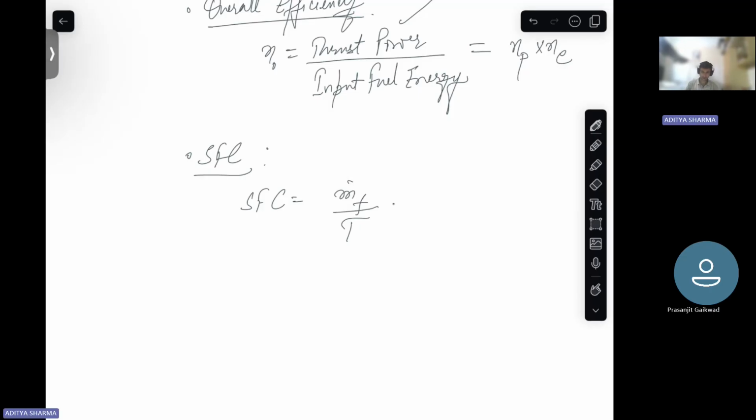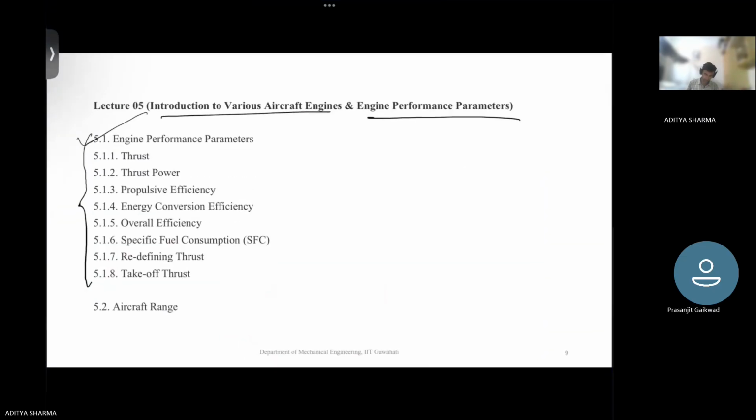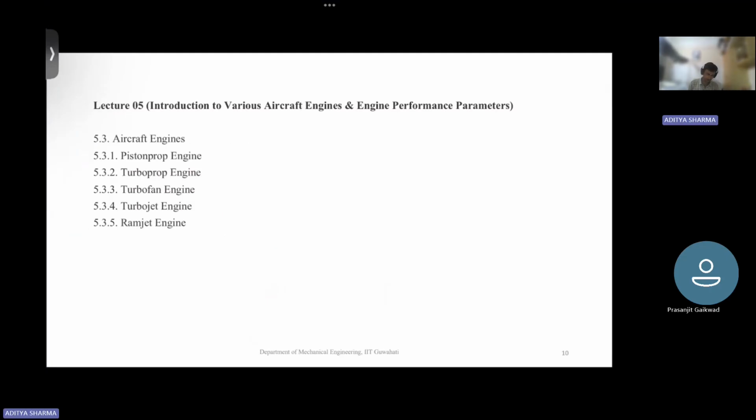So this is about your parameters. Now after this, different types of engines have been introduced to us. First is your piston prop engine.